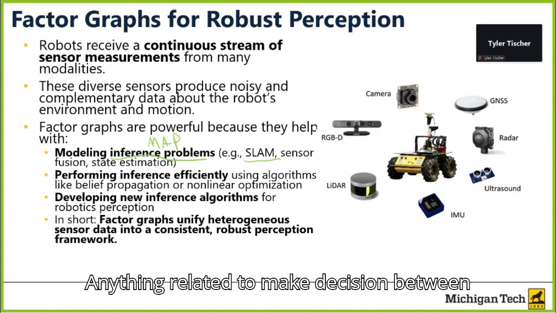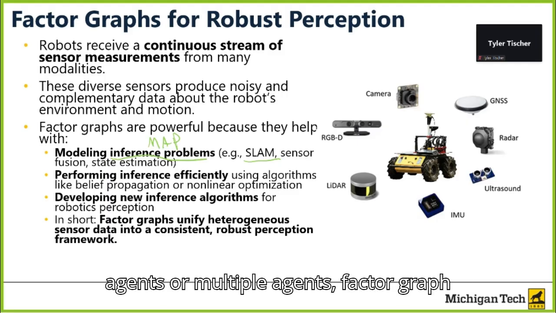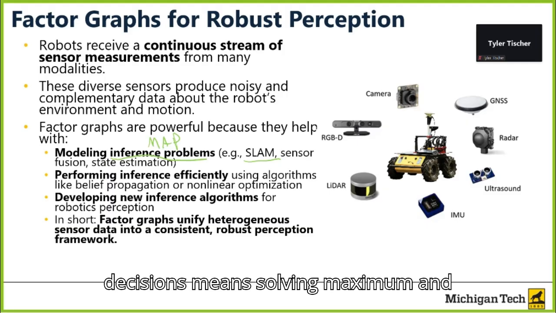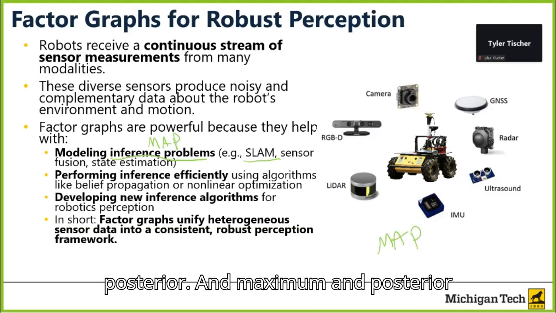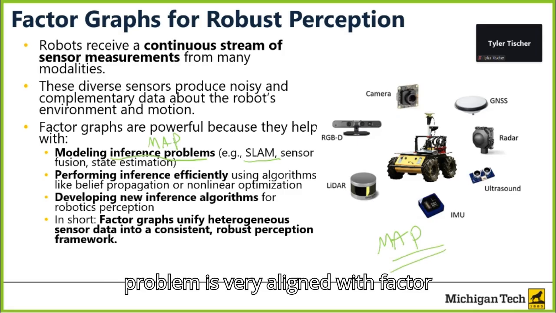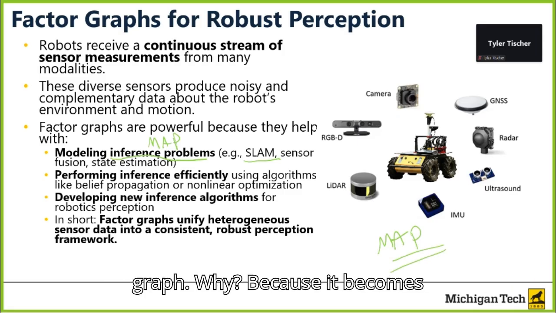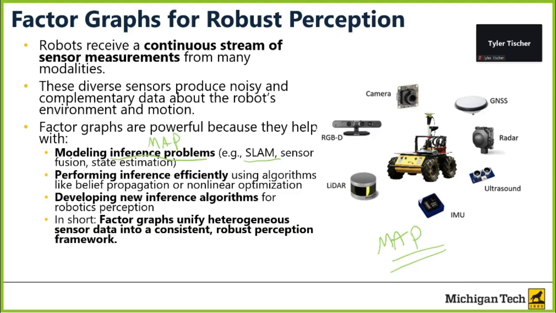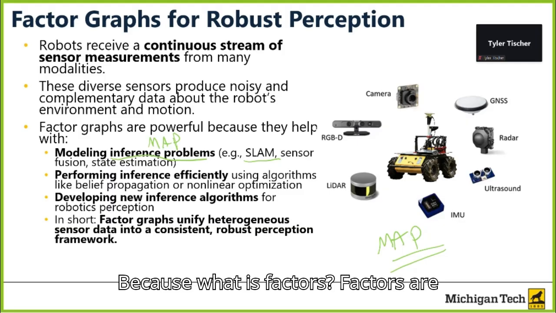Anything related to making decisions between agents or multiple agents, a factor graph can come in. Because making a decision means solving maximum a posteriori. And the maximum a posteriori problem is very aligned with factor graphs. Why? Because it becomes factors. Maximum a posteriori becomes factors at the end. Because what are factors?